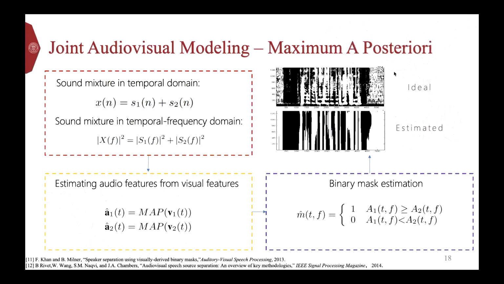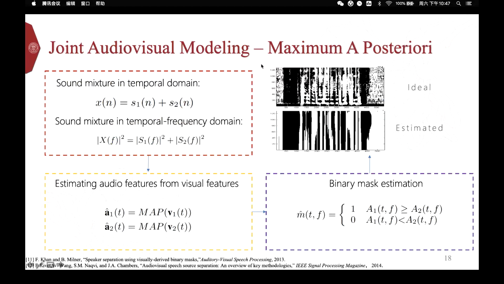And the final one is how to use the maximum a posteriori to learn the correlation between the audio and visual modalities for sound separation. Under this viewpoint, the sound mixture in the temporal frequency domain is the combination of different sound sources.